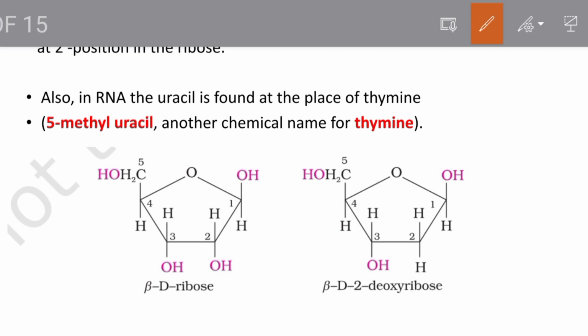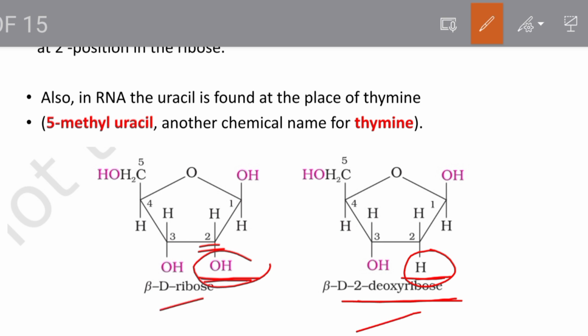At second position of ribose, there is OH group, and at second position of deoxyribose, it has only H. The structures of ribose and deoxyribose are almost same, except at this second position, where in ribose it has OH in second position and in deoxyribose it has H.